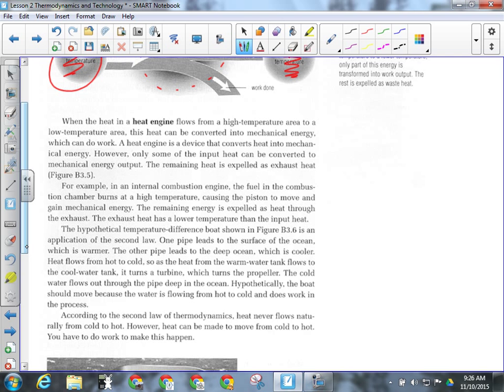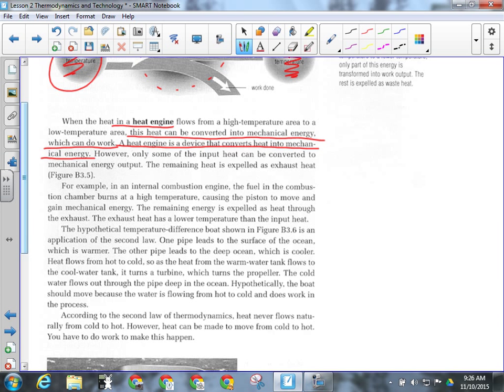So for a heat engine, we take this flow from high temperature to low temperature, and that heat can be converted into mechanical energy, and that can do work. So a heat engine basically converts heat, or the transfer of thermal energy, into mechanical energy.